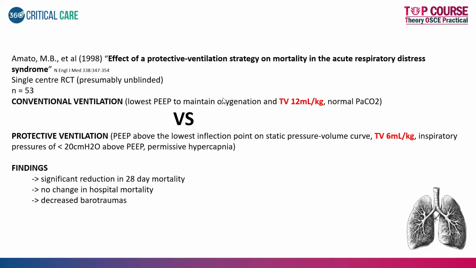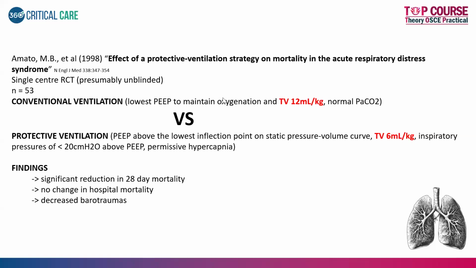What he looked at was whether a tidal volume of around 12 ml per kg with a normal carbon dioxide value in the arterial blood gas had any bearing compared with patients ventilated with a tidal volume of around 6 ml per kg, targeting a peak inspiratory pressure of less than or equal to 20 centimeters of water. In this lower tidal volume strategy, they allowed for permissive hypercapnia.